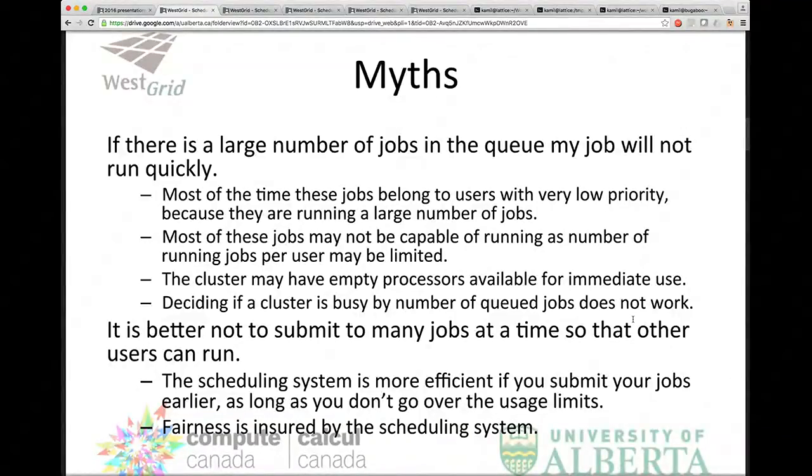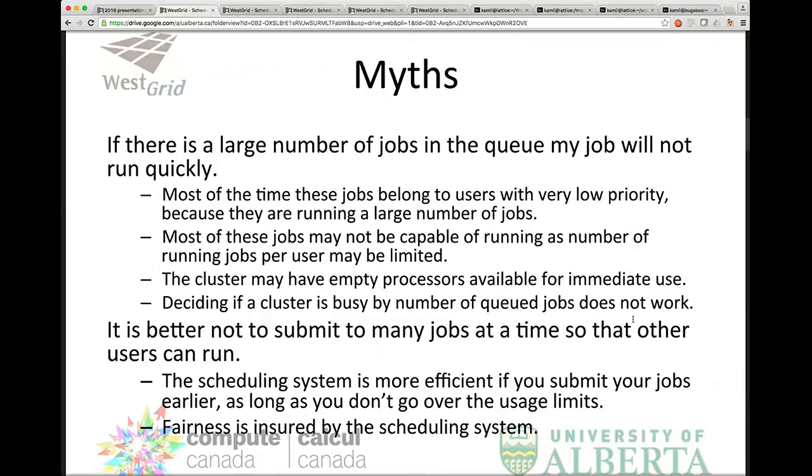Another big myth is it is better not to submit too many jobs at a time so other users can run. And that's a big myth. The scheduling system is more fair and more efficient if you submit your jobs earlier, as long as you don't go over certain limits. There's a certain amount of RAM and a certain amount of compute that is required to keep the jobs in the job scheduler.